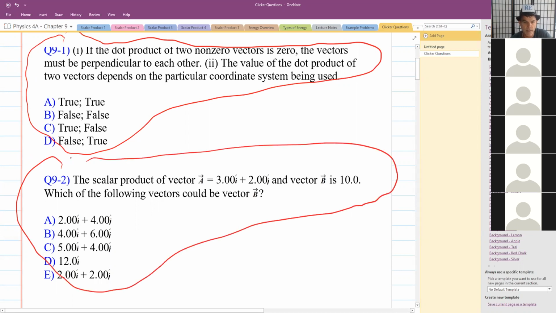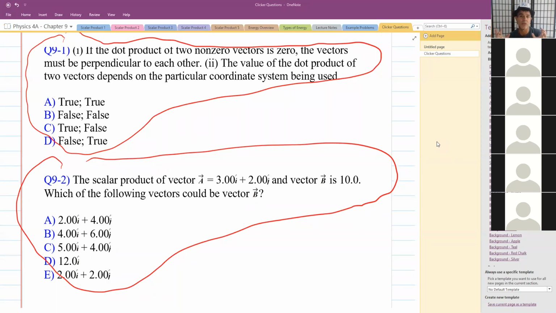It says the scalar product of vector A, which is 3i plus 2j, and vector B is 10. So again, there's no units here. It's kind of generic, but you're given that the dot product between vector A and B is 10. Vector A has a value of 3i plus 2j. The question is, which of the following vectors could be vector B?